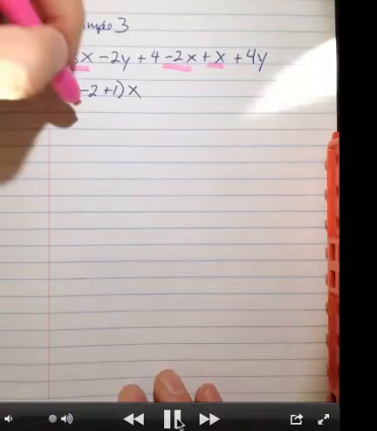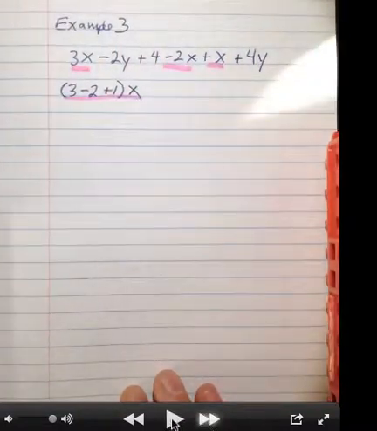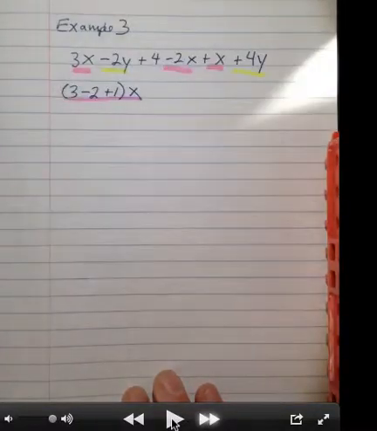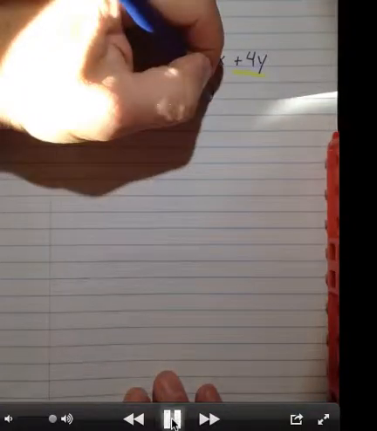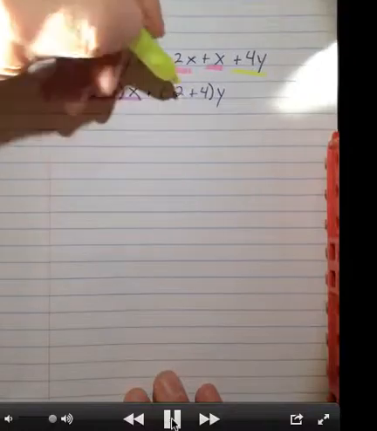We'll do the same thing for y. Notice the coefficient of the different terms that have y are -2 and 4. So we combine -2 and 4, we'll get 2y.